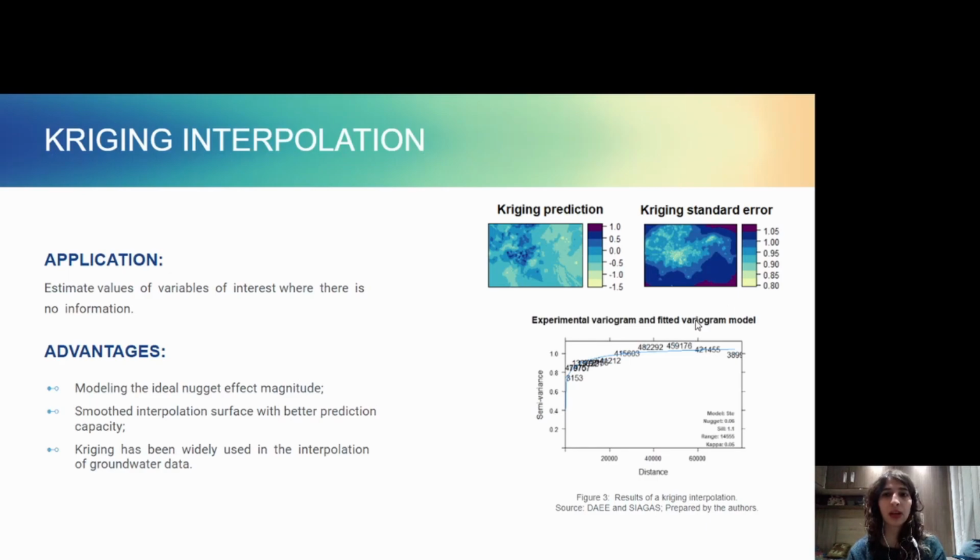It happens because the center of the map is where we have most of the data, so the values are more precise. And here we can see the experimental variogram, the semivariance of the values, and some indexes too, like the nugget and the range.